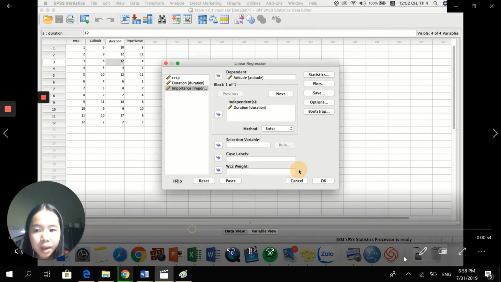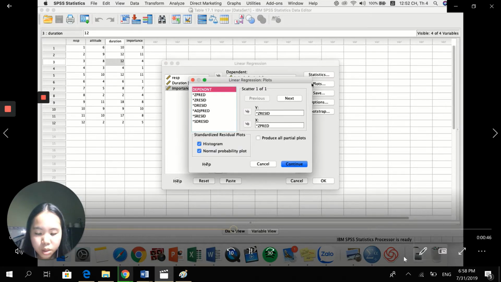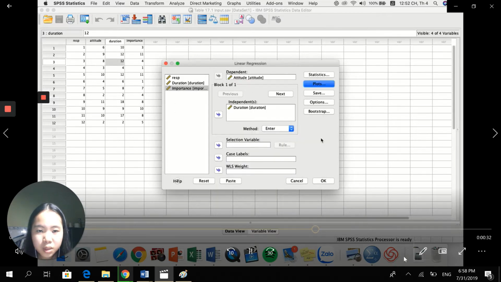In the Plots section, we move ZRESID into the Y box and ZPRED into the X box. Then we check the histogram and normal probability plots, click Continue, and click OK. So these are the results that we have collected.